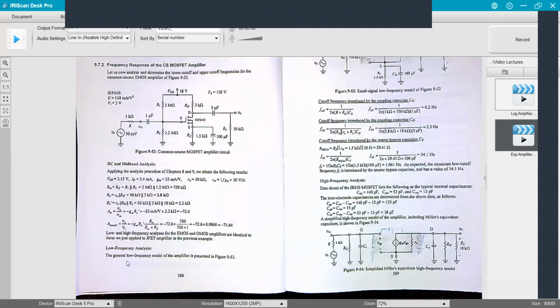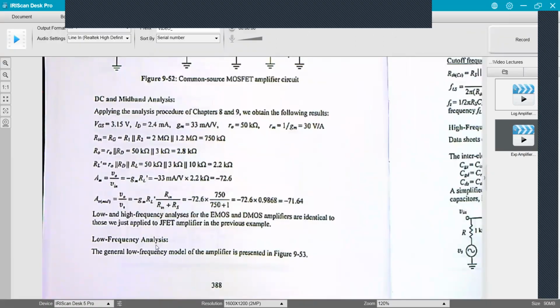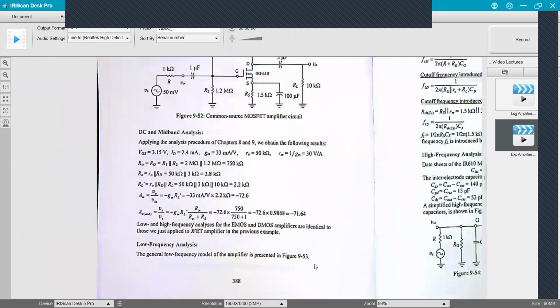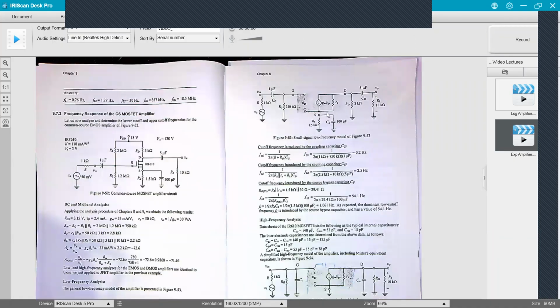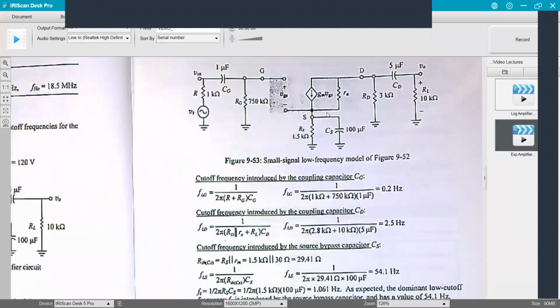So here we'll talk about it real quick, low frequency analysis. So the general low frequency model for the amplifier is presented here. Okay, so how do I know it's low frequency? Because all the capacitors are still in the circuit.